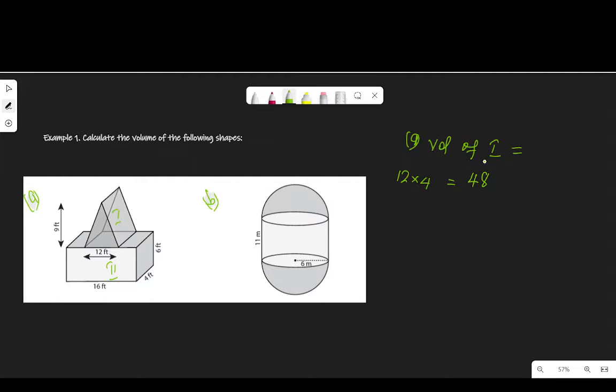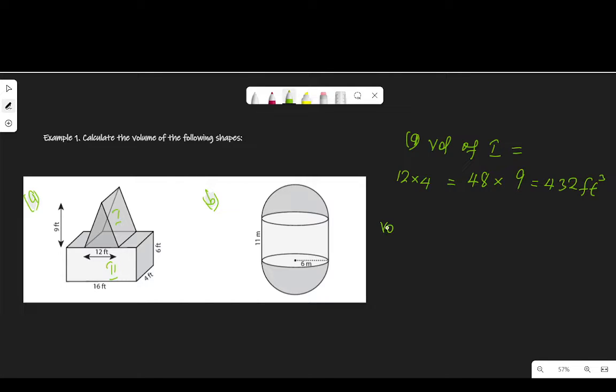Therefore, volume of this, times this height, which is 9. 48 times 9 is 432. The volume of the prism on top is 432 feet cube.